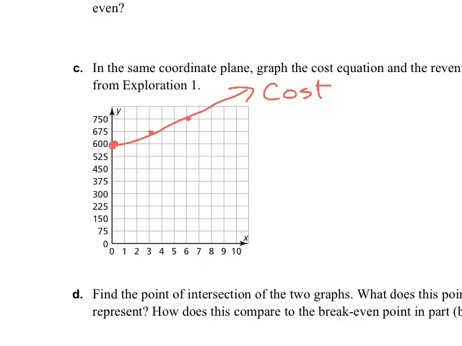Okay, and then our revenue started down at the bottom, right? But it went up 75 per night, right? Okay, so my y-intercept was nothing, but I'm going up 75 per night. Let's see, are we going to meet? No, we're not. Uh-oh.